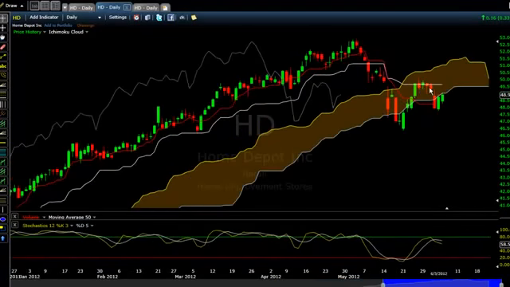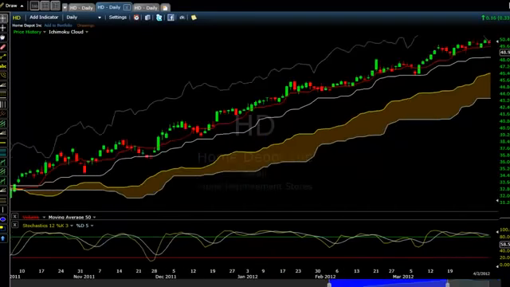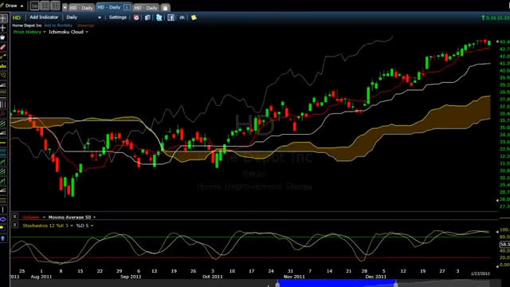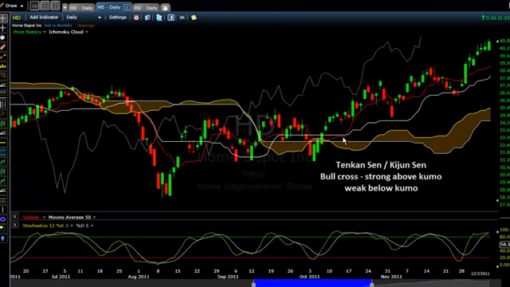When price is inside of the Kumo, that's considered a no trade signal. A Tenkan-sen cross to the downside is a bearish cross when it passes through Kijun-sen. If we come back in price here, we can see where we had our first TK cross right here back in October of 2011.